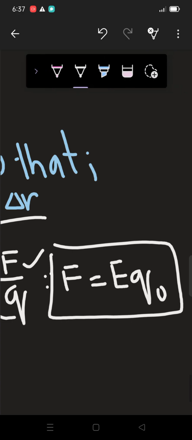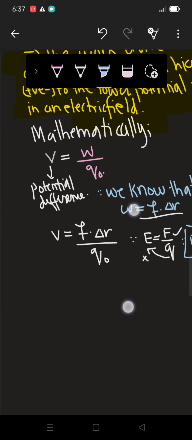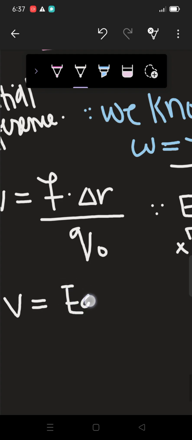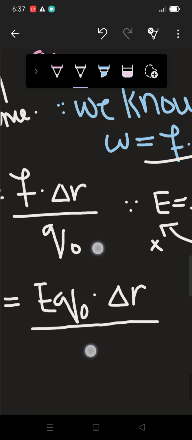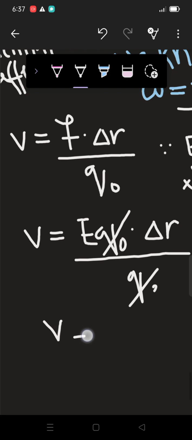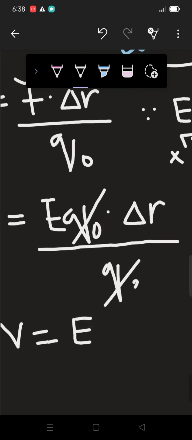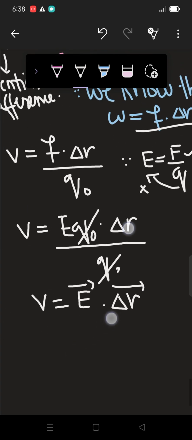Let's put this instead of F. So V is equal to E Q naught into small del R, upon Q naught. Now see, the Q cancels. So potential difference is equal to the dot product of electric field intensity and the small displacement.